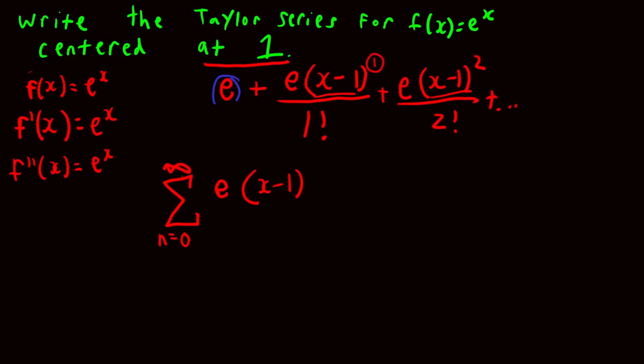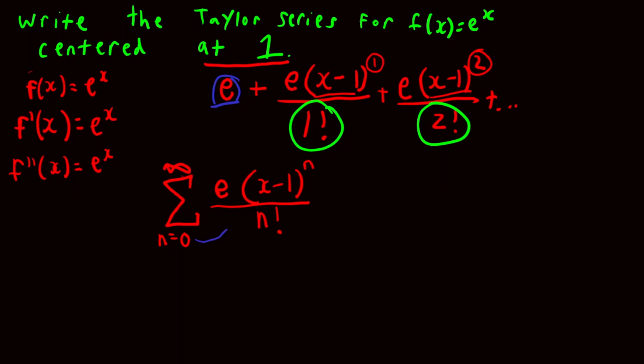This is to the 1 and this is to the 2. So it's the nth power over. And the last thing I see is we have a factorial, right? So it's n factorial. And that's all it is, right? Even for this one, like I just showed you guys, it's just e times x minus 1 to the 0 over 0 factorial, right?